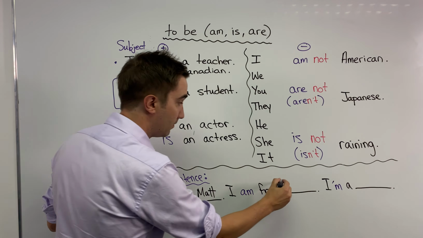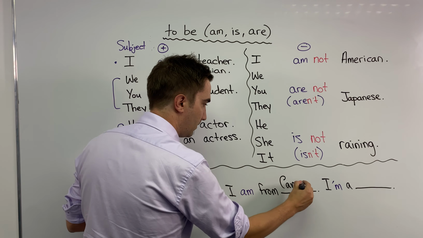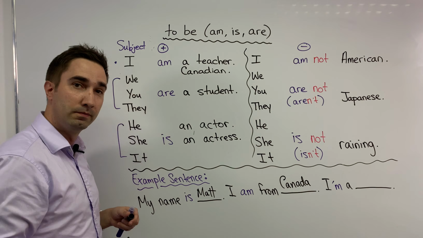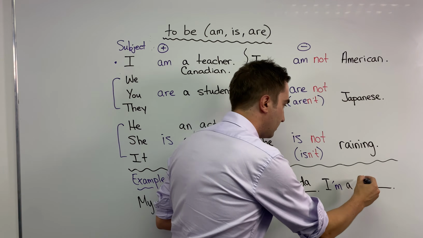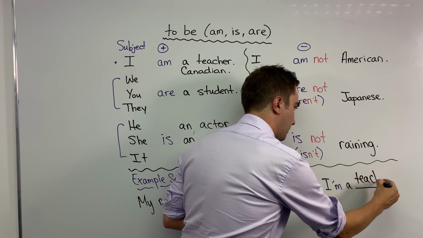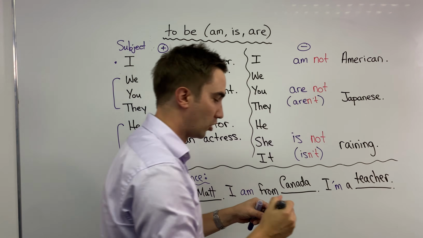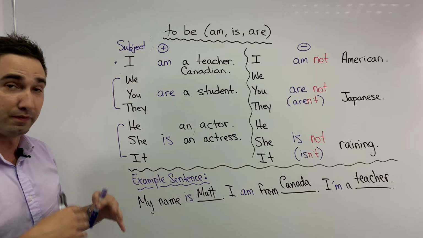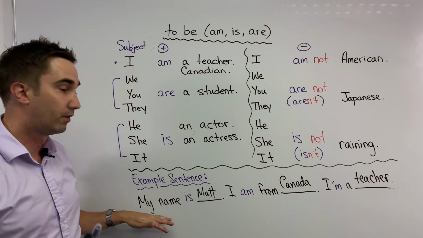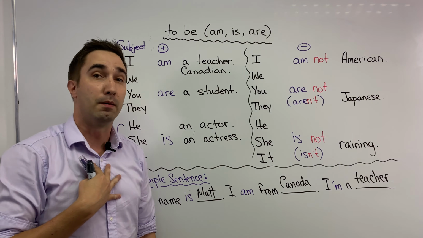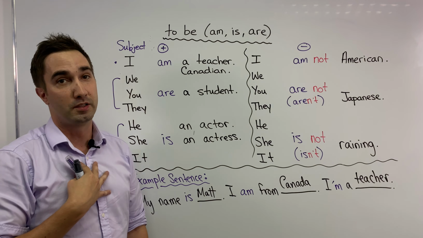I am from Canada. I am, or I'm, a teacher. So it's a very easy way to introduce yourself. My name is Matt. I am from Canada, and I am a teacher.